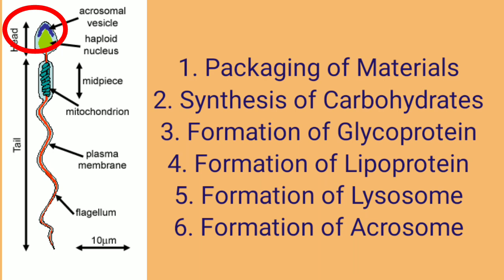As you can see in the diagram, this is a structure which is found right at the tip of the sperm cell, that is a male gamete in case of human beings, and that particular cap-like portion is called the acrosome. And this acrosome arises from the Golgi complex. Hence the Golgi complex gives rise to the acrosome in an animal sperm.